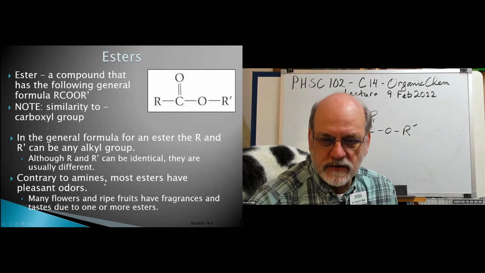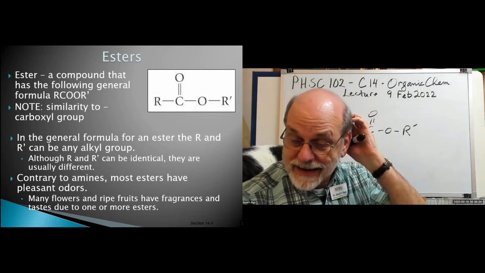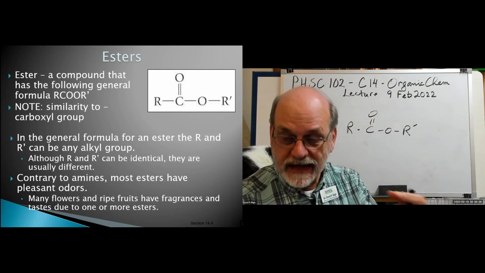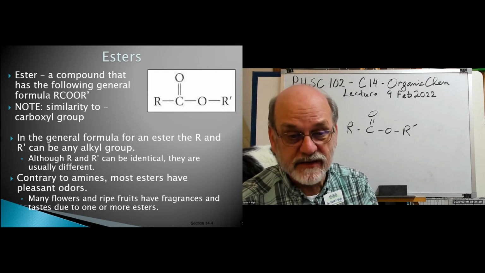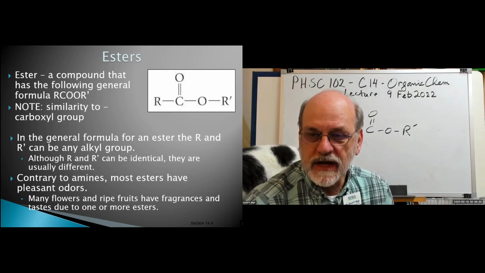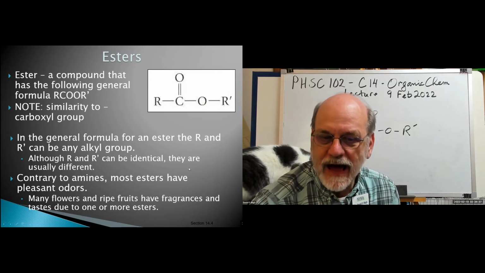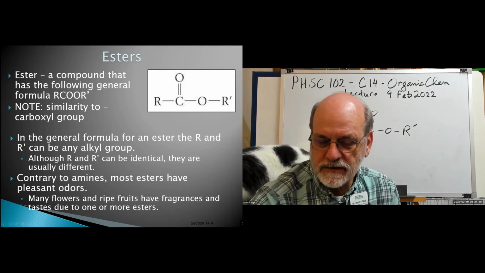Now, naturally occurring esters, contrasted to amines, right? The amines with the NH2s have very unpleasant odors. But esters have very, very pleasing odors. Many flowers and fruits produce esters. Very fragrant. And some of them have very nice tastes also.